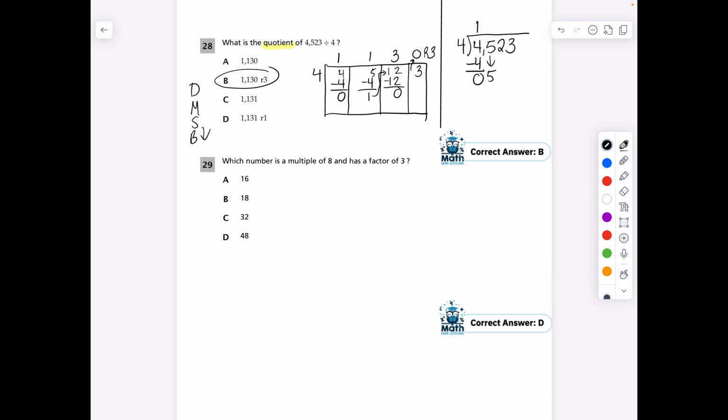Divide. 5 divided by 4 is 1. Multiply. 1 times 4 is 4. Subtract. I get 1. Bring down the next number, 2. Divide. 12 divided by 4 is 3. Multiply. 4 times 3 is 12. Subtract. 0. Bring down the 3. Divide. 4 can't go into 3, so I have to put a 0. So that's the other point I want to give to you guys.